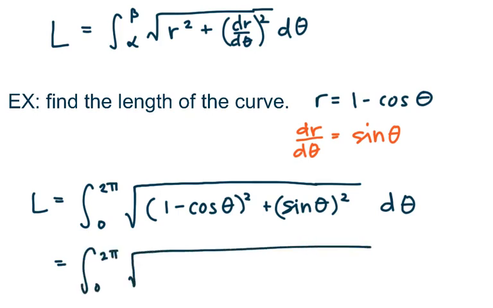Foiling my first part, I end up with 1 minus 2 cosine theta plus cosine squared theta, and then I have plus sine squared theta.